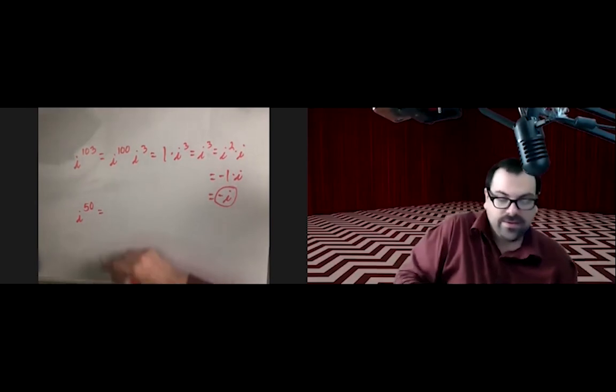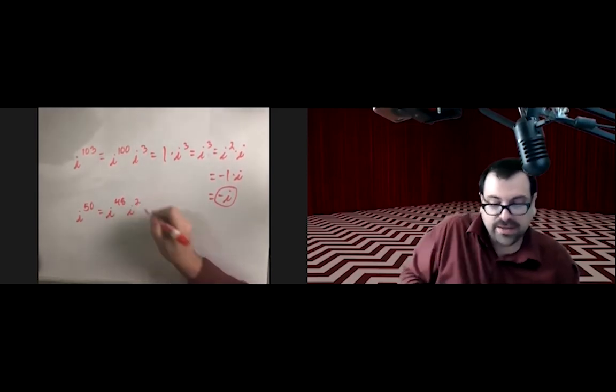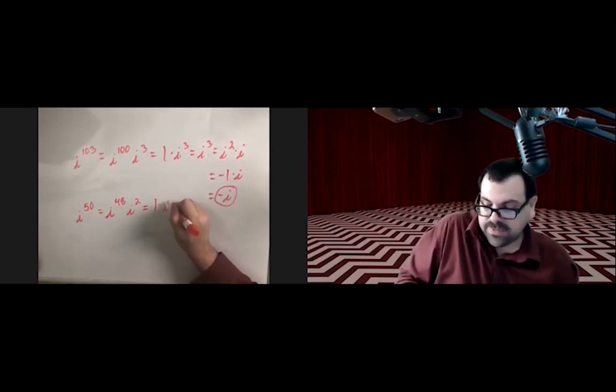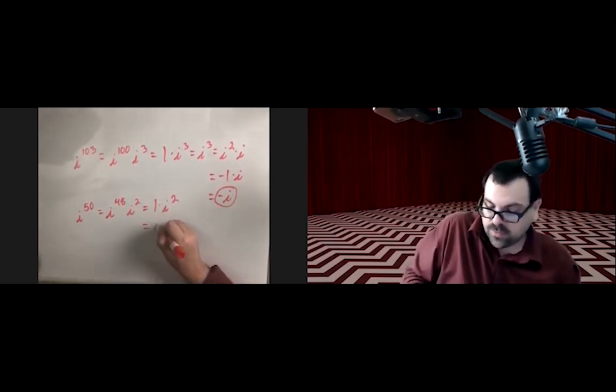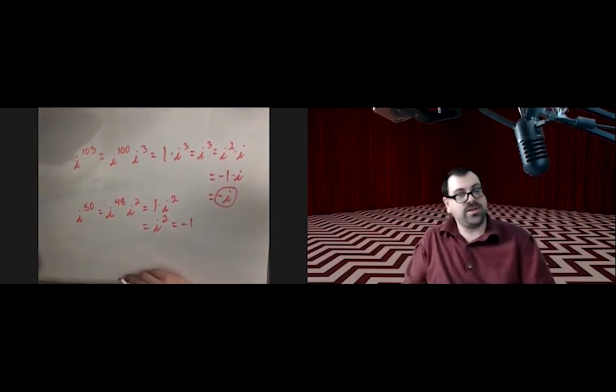I to the 50th, highest multiple of 4 we can fit into 50 is 48. So this is I to the 48th times I squared, which is 1 times I squared, which is I squared, which is -1 by definition.